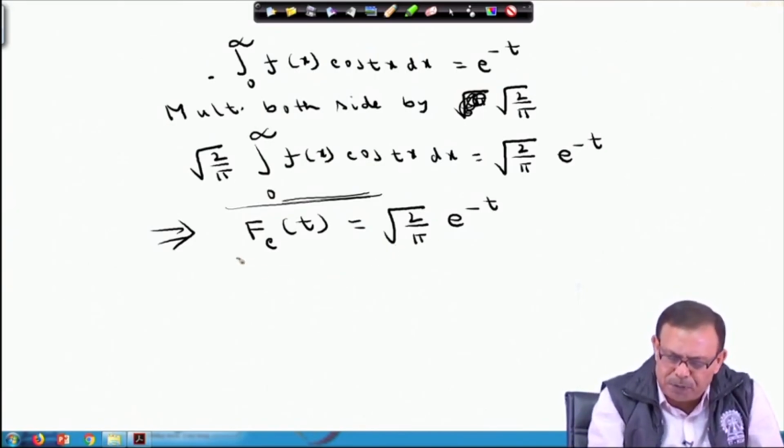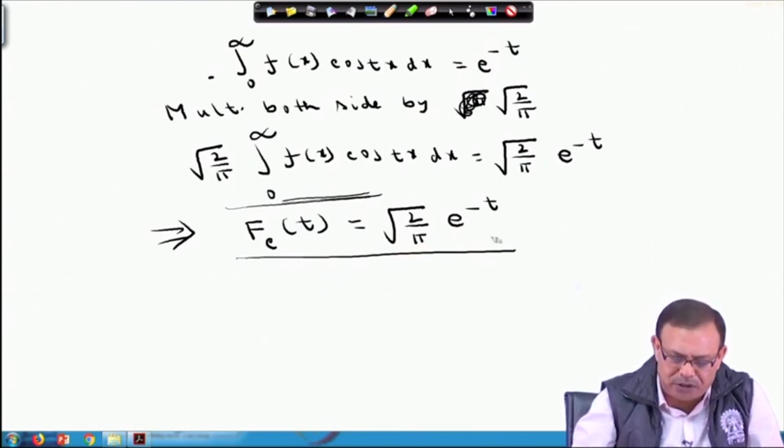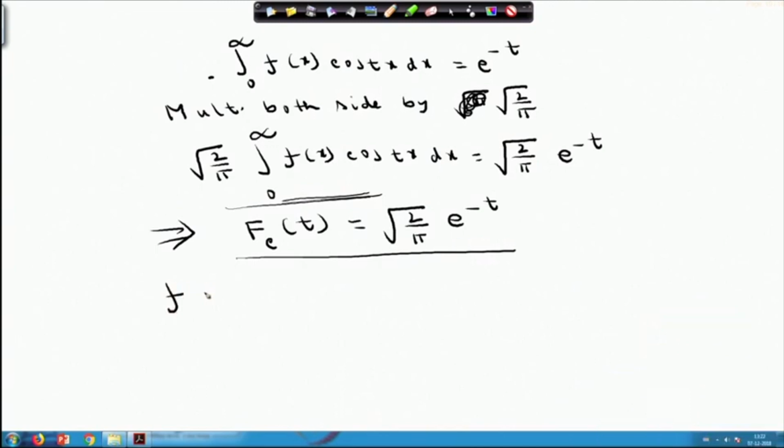Once I have this, that the Fourier cosine transform is known as a function of t, that is root over 2 by pi e power minus t, from here I can write f(x) equals root over 2 by pi integral 0 to infinity F_c(t) into cos(tx) dt.